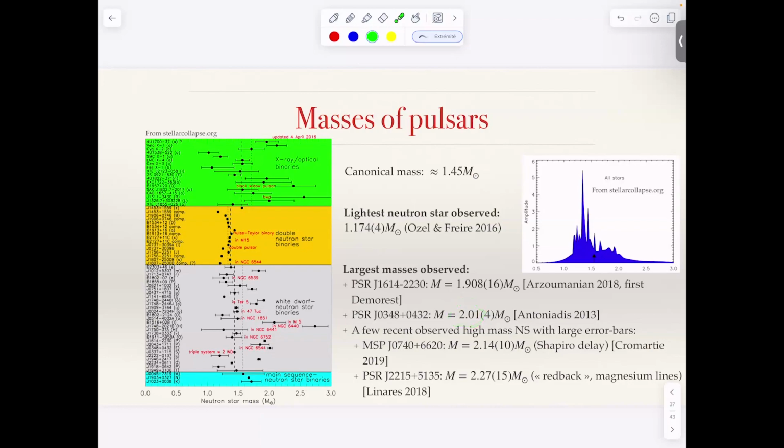It is not only that you should concentrate on the centroid distribution, but you should really look at the uncertainty given by observers. And this is especially true, for instance, for the most massive stars which are there. You may say, oh, someone has observed a 2.14 or a 2.27 neutron star.